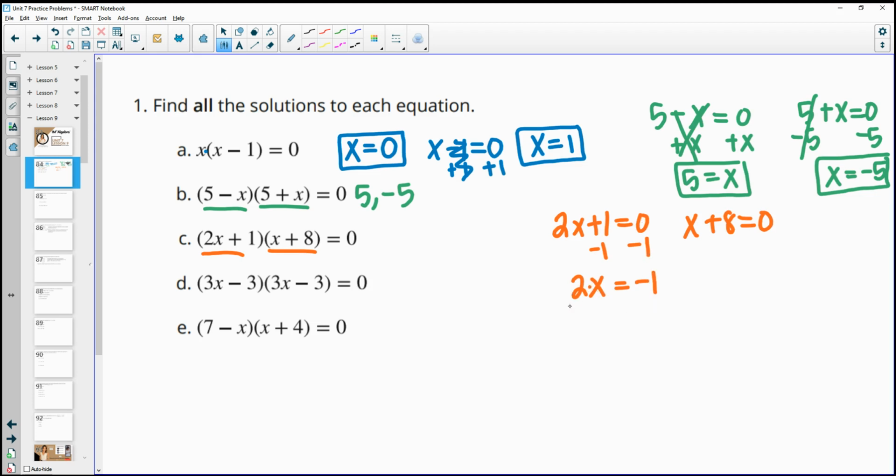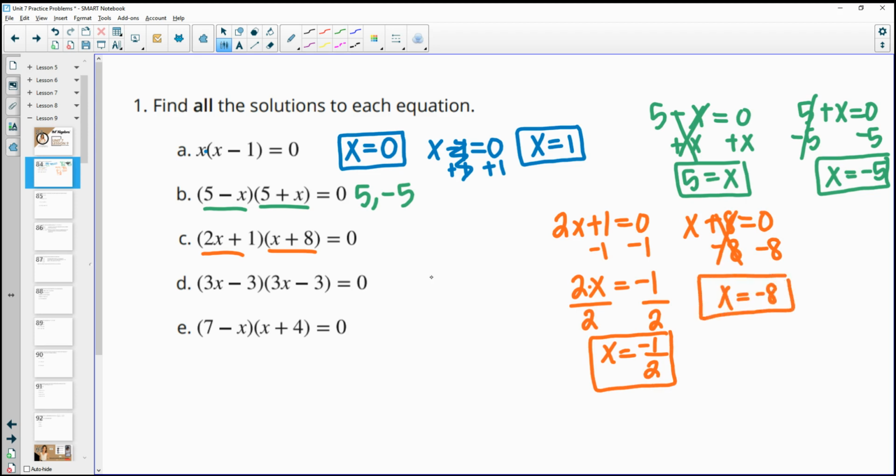So this is 2 times x, and we'll divide both sides by 2 to get x as negative 1/2, or negative 0.5. Then we could subtract 8 for this one, which gets us x equals negative 8. So our two solutions for part C are negative 1/2 and negative 8.